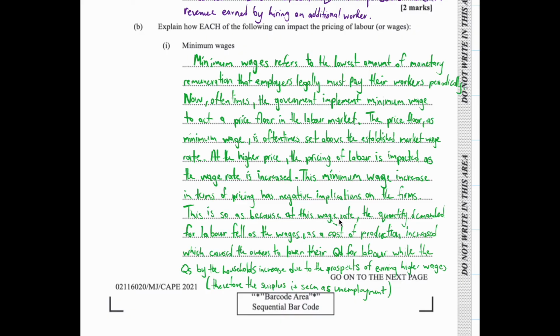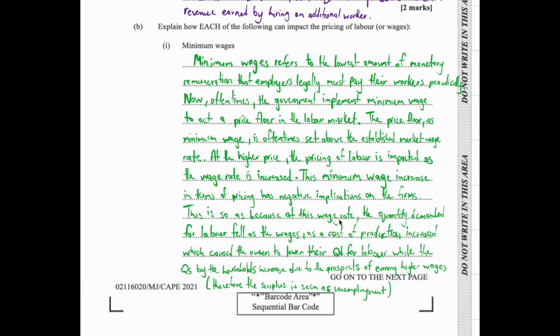Minimum wages refers to the lowest amount of monetary remuneration that employers legally must pay their workers periodically. So that means they must pay them this amount either monthly or yearly or whatever arrangement they have. They are obligated by law.